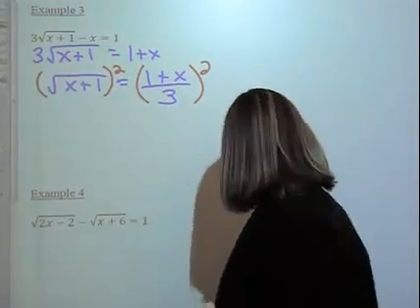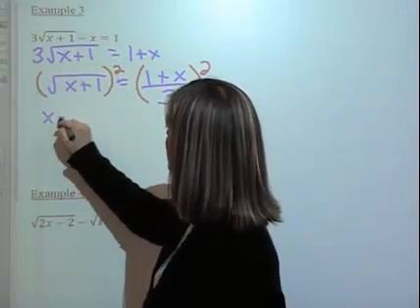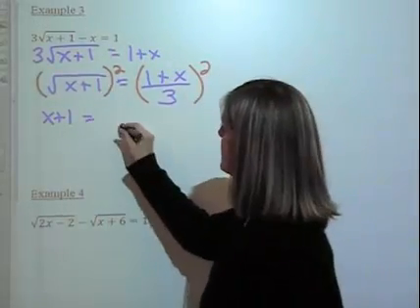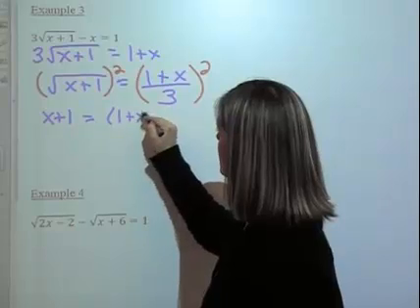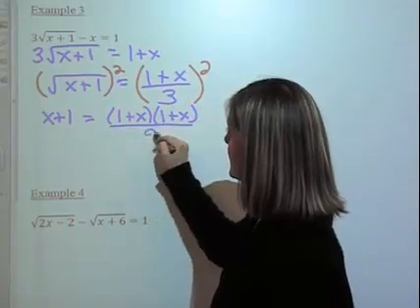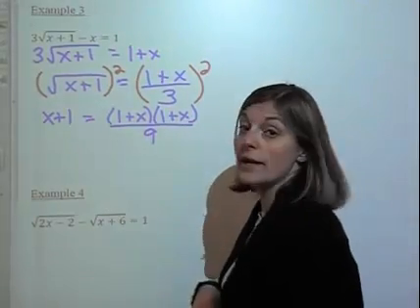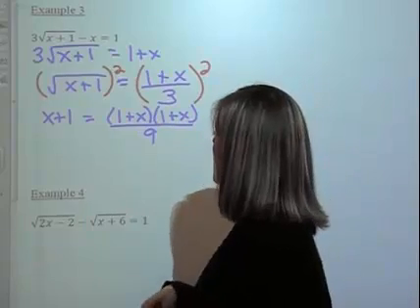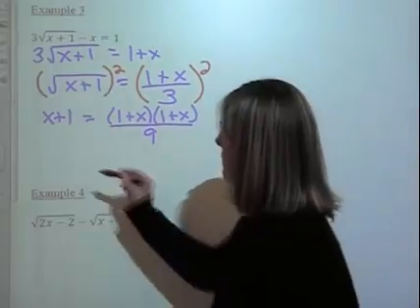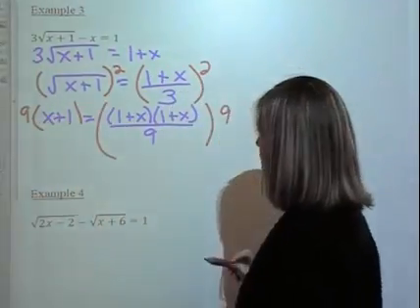So then that becomes x plus 1, and then when we square this, it becomes 1 plus x times 1 plus x, and then 3 squared is 9. Okay? So now in order to get rid of the fractions, we can multiply everything by 9. So we're going to multiply this by 9, and we'll multiply this by 9.